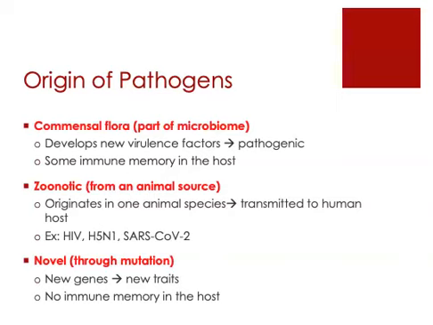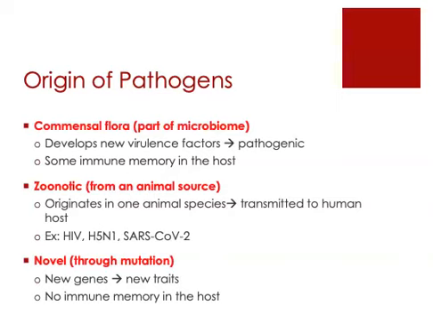Last on the list is this term novel, and that word just means new. So there are pathogens that are brand new in the sense that mutation events occur that change their genome, that alter their genes enough to give them new traits and allow them to infect a new host.